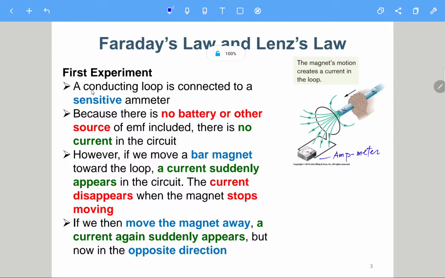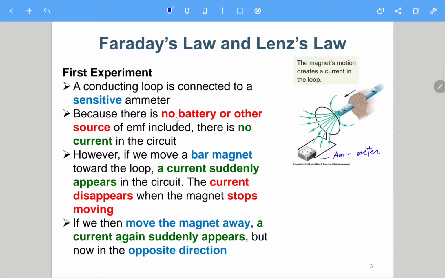A conducting loop is connected to a sensitive ammeter. Sensitive means it can sense some very small current.